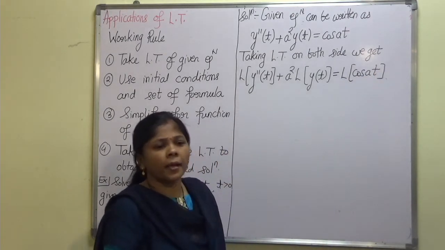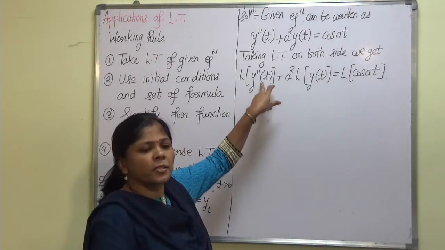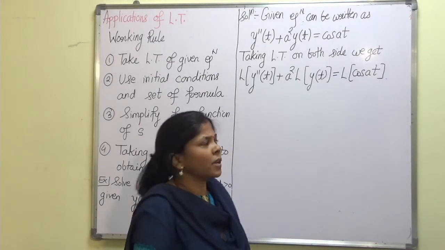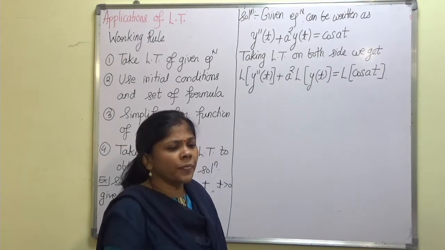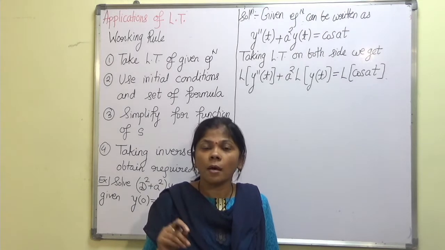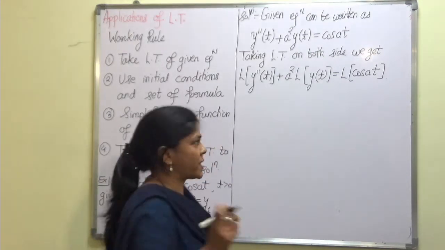Here we will apply the formulae for Laplace of the second derivative as well as Laplace of cos at. What will be the Laplace of y of t? y of t is our function over here, so its Laplace is capital Y of s.